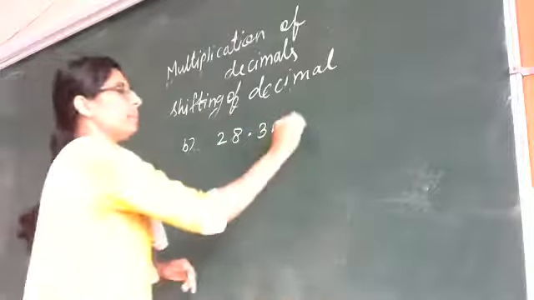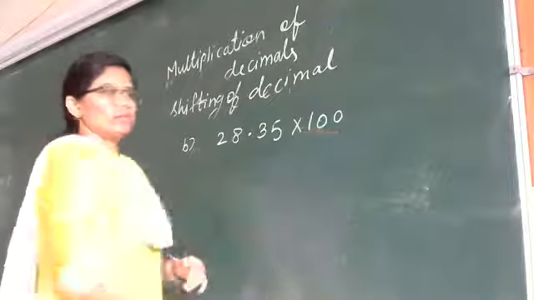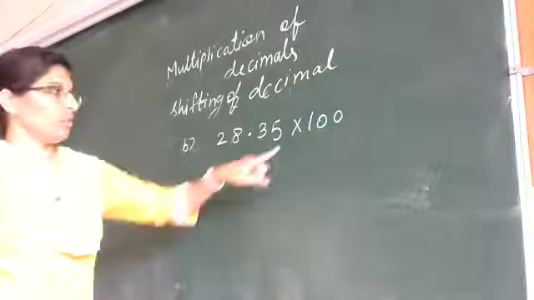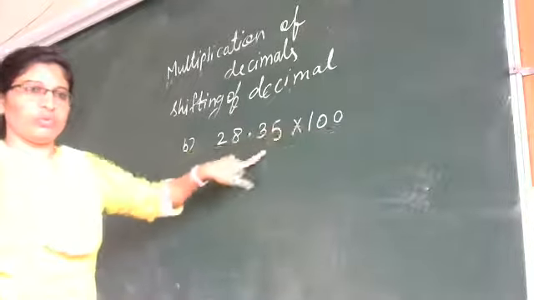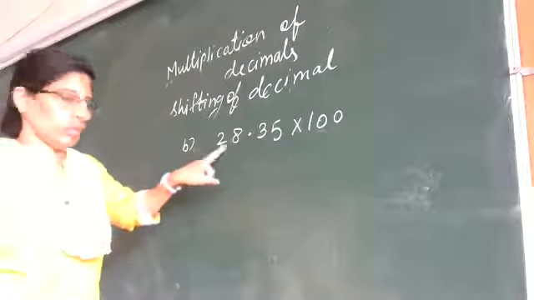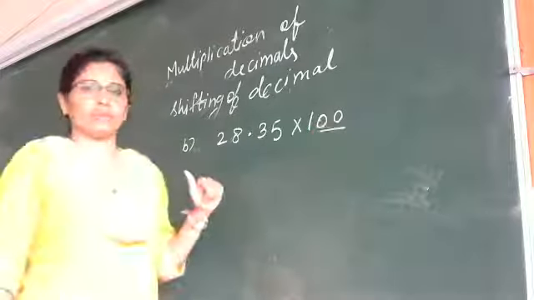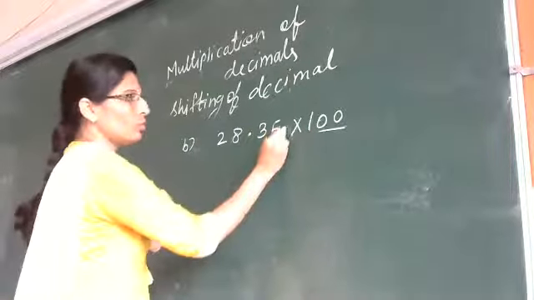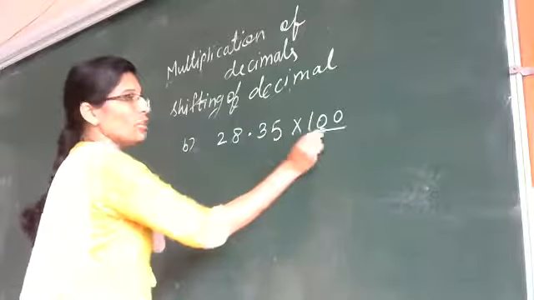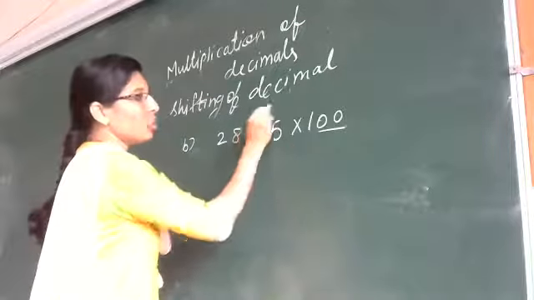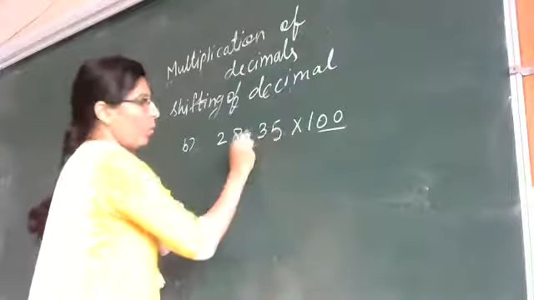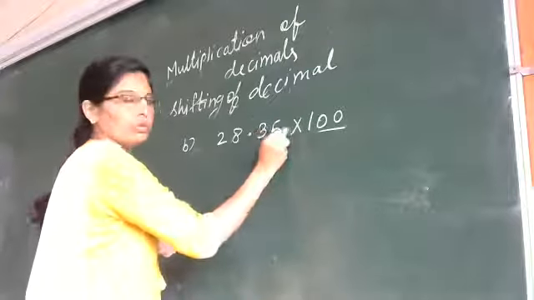28.35 multiplied with 100. Two zeros are there. Two zeros means the point will shift two digits to this side. 1, 2.